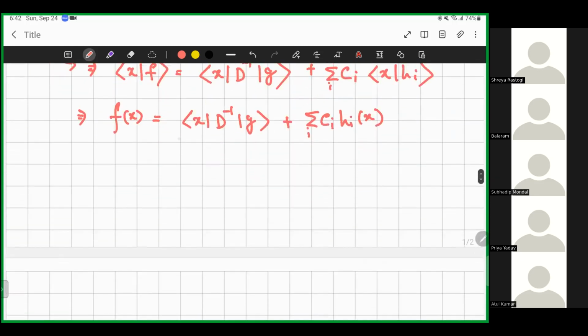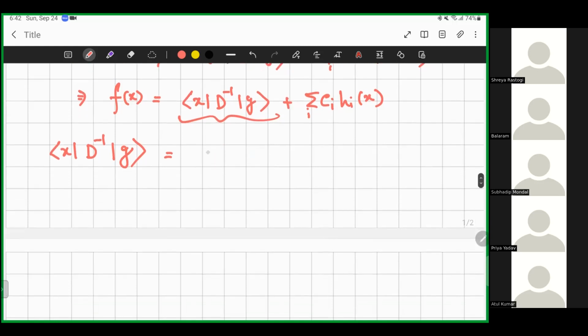Now this term <x|D inverse|g>, we can introduce the identity operator. Then it will be like D inverse, and let me write it in the integration form, because this is the continuous basis. So we write like this.